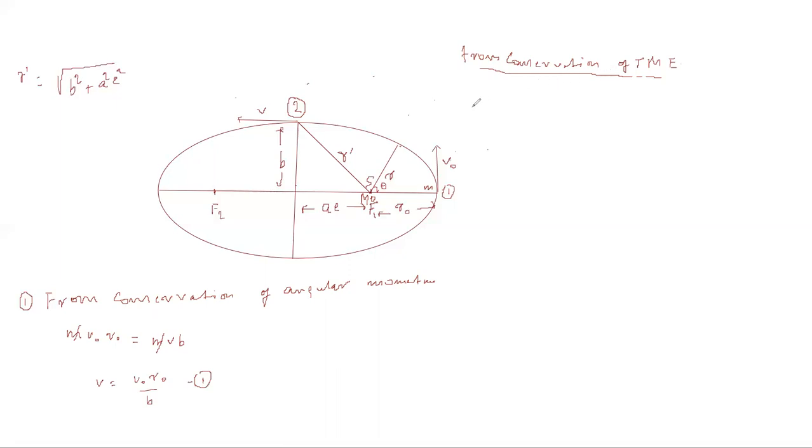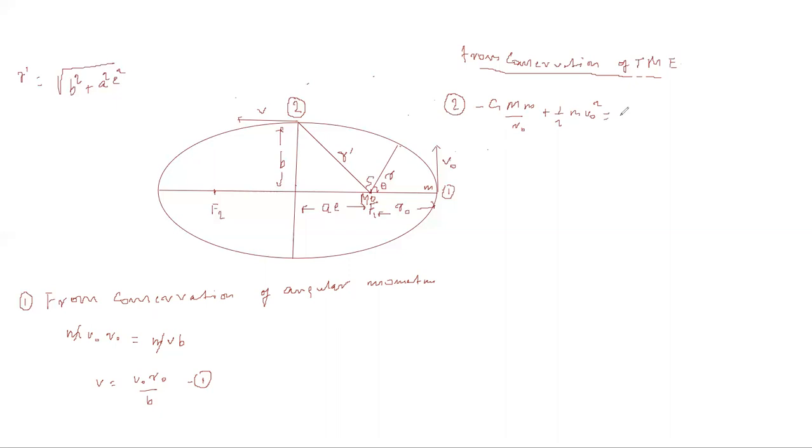So the potential energy at point 1 is minus G M m over r naught, and the kinetic energy is half small m v naught square.